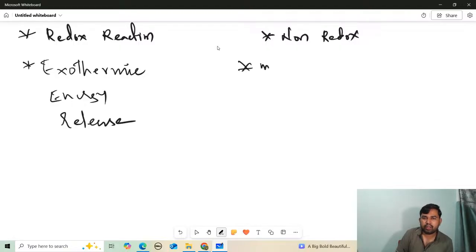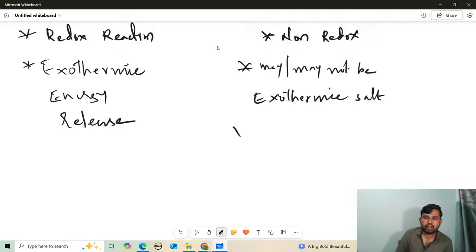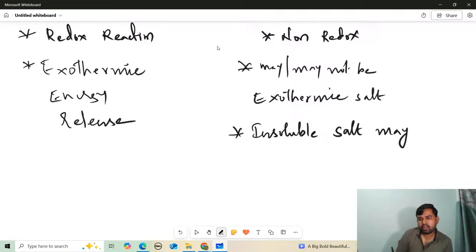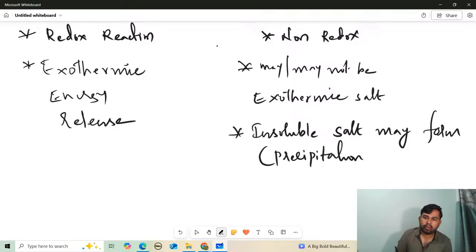Here an insoluble salt may form, and such a double displacement we call a precipitation reaction.